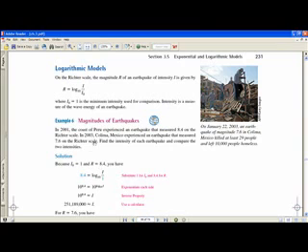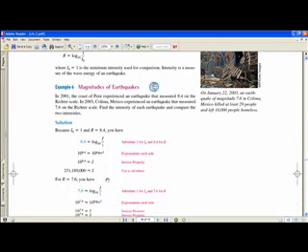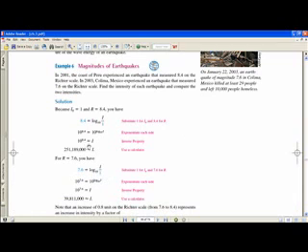Comparing the Peruvian and Mexican earthquakes, I naught is 1, and R is 8.4 for this earthquake in Peru. So we plug in 8.4 for the Richter, and we plug in 1 down here for I naught, and we end up getting that this is the intensity of the earthquake. If it's a 7.6 earthquake instead, then we plug in 7.6, and instead of 10 to the 8.4, it's 10 to the 7.6.